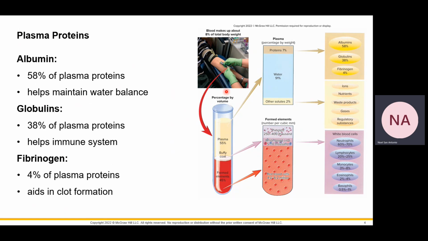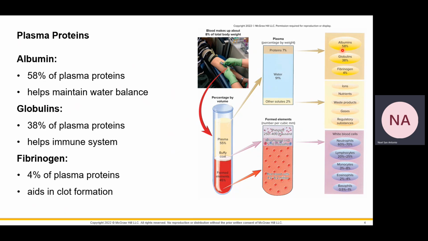The plasma proteins, as I have said earlier, are composed of albumin, globulin, and fibrinogen. As you can see, by percentage, the highest is your albumin. It accounts for 58% of your plasma proteins.